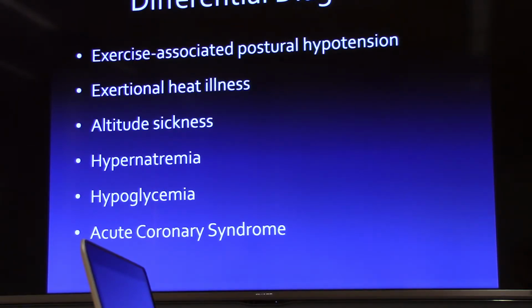So it can be exercise-associated postural hypotension, which would get better if you put them in Trendelenburg. So that can be one thing that you can use to steer you in that direction. Can be exertional heat illness, altitude sickness, hypernatremia, hypoglycemia, as well as acute coronary syndrome, as you have an exertional activity, right?